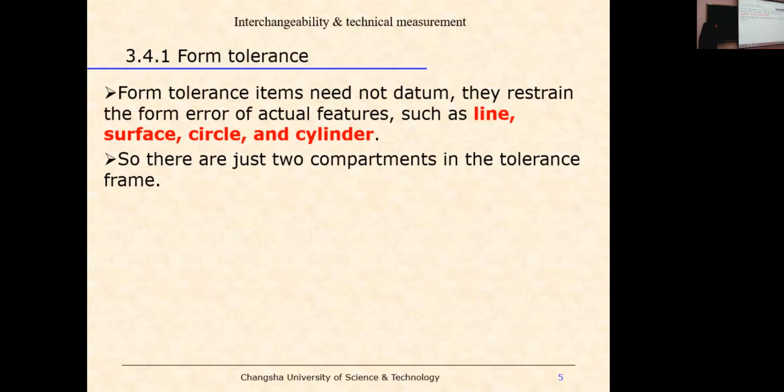Like this is the shaft. Right? This is a keyway. So this is the axis, right? So this is the cylinder.